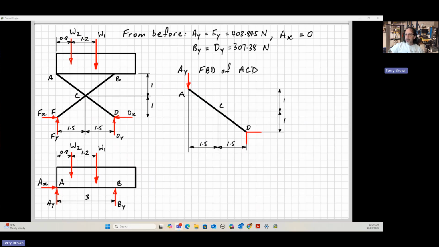At point D, we have what we drew before, so we can put those back on there, being consistent with what we had from our original full machine free body diagram. And then at C, we've got a pin connection between the member ACD and the member FCB.